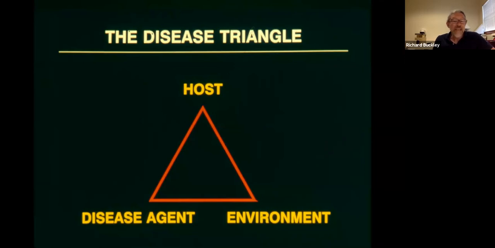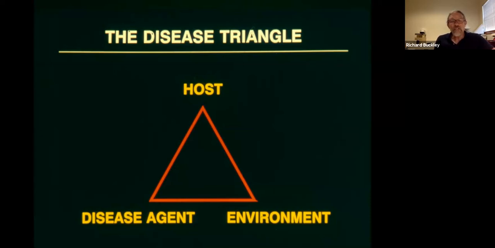That disease-causing agent, pathogen or insect, fungus, bacteria, virus, has to be active and has to be growing and has to have the efficiency and the energy to invade the host plant and use it as a food source and a launching site to move to other plants.